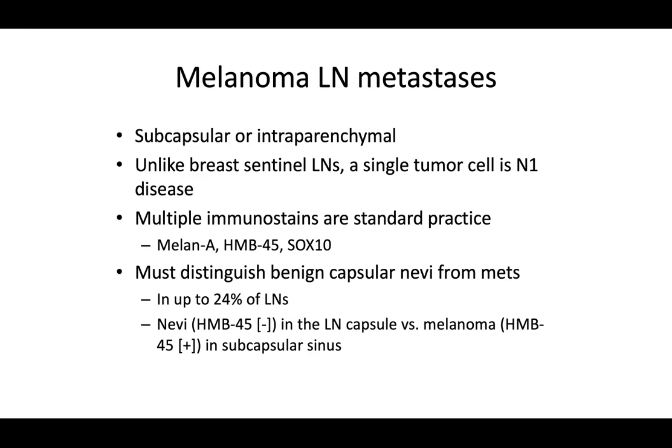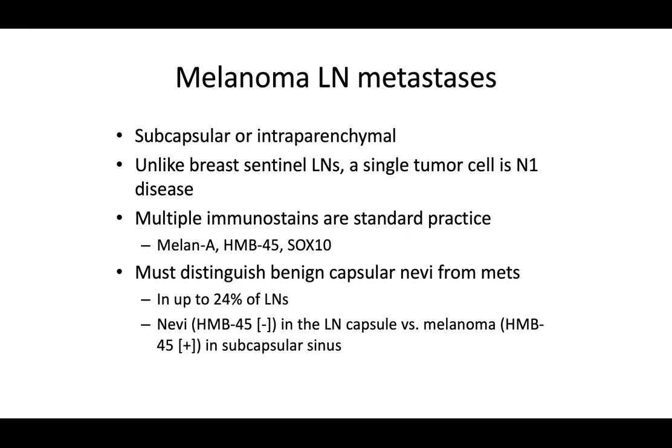So you can have benign nevi that are present in lymph nodes. A lot of people don't realize that. A lot of beginners don't realize that you can have benign capsular nevi in a lymph node. And so being able to show that the benign capsular nevus is in the capsule, not within the parenchyma, and being able to show that it's HMB45 negative will argue for a benign nevus. If it's HMB45 positive or even PRAME positive, that argues for a melanoma.